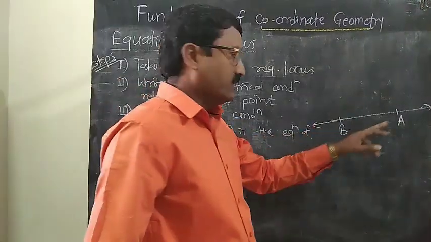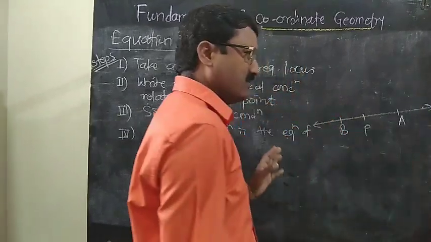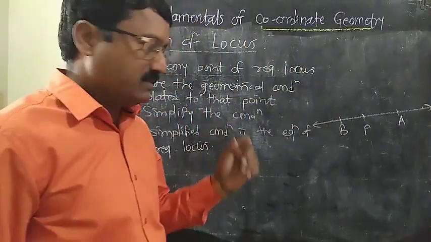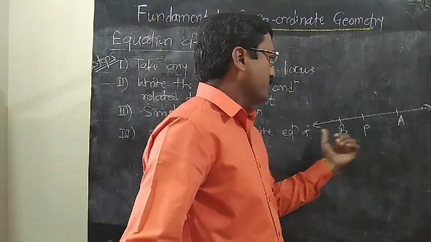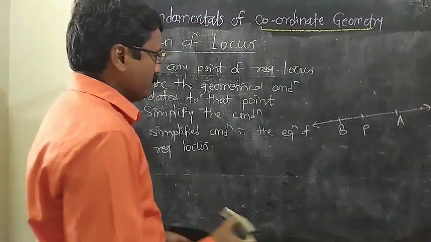So using that condition, we found the equation satisfied by all points which are collinear with A and B. So that was one example of locus.